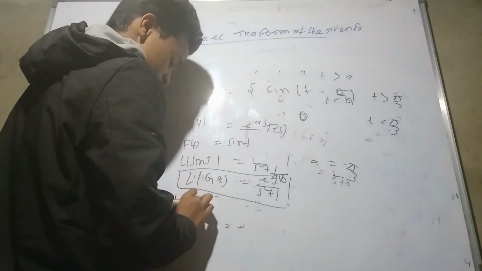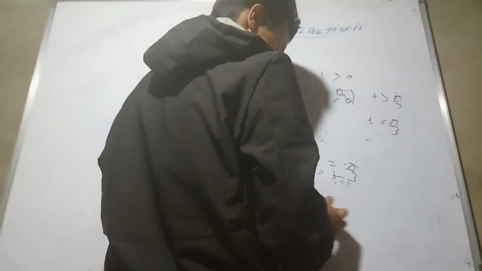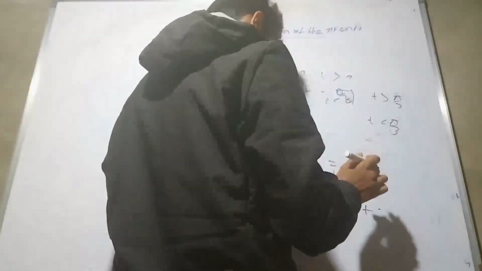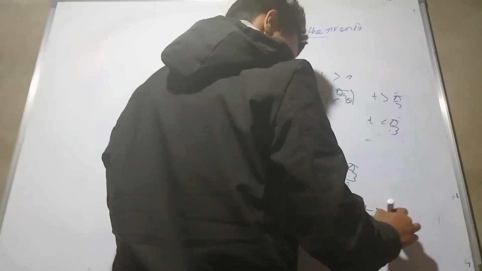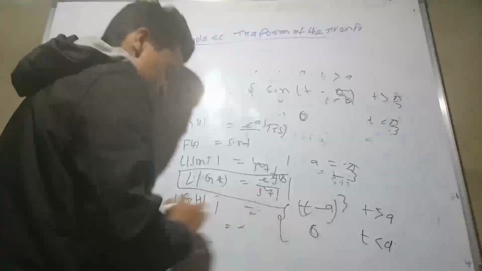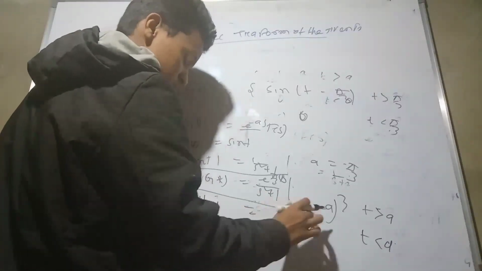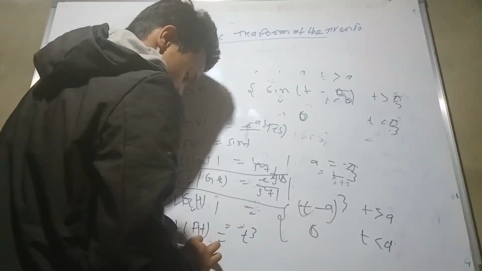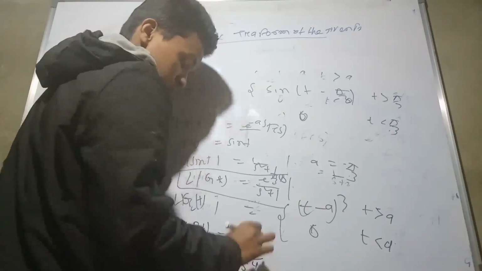Now find the Laplace transform of g(t), where g(t) is given by (t minus a) cubed for t greater than a, and 0 for t less than a. Here you can easily see f(t) is t cubed. The Laplace transform of f(t) is 3 factorial upon s to the power 4.